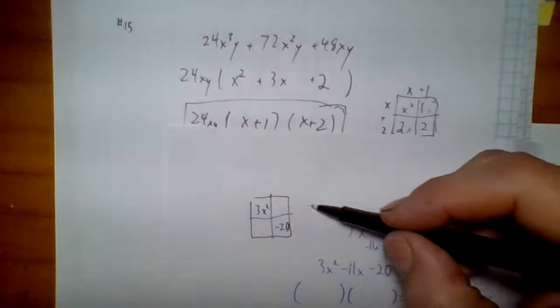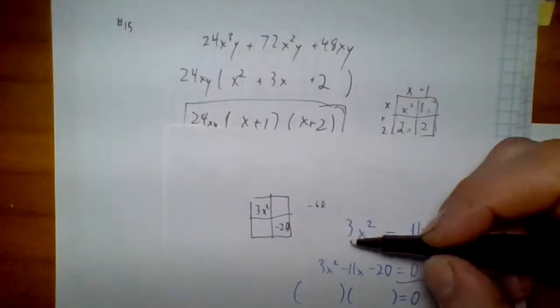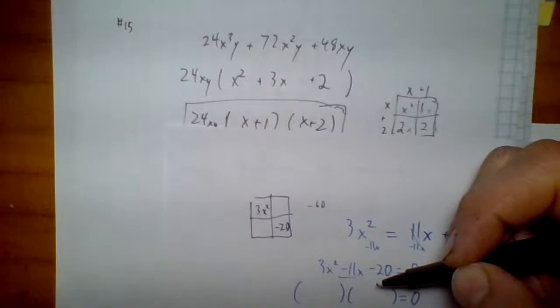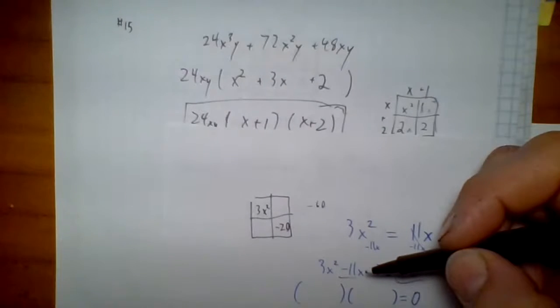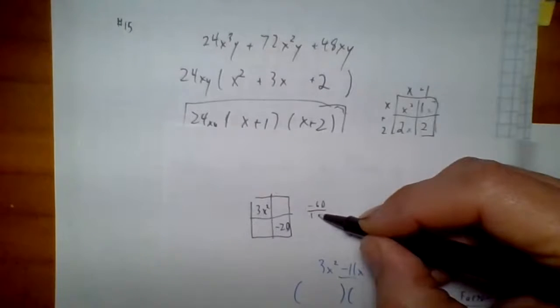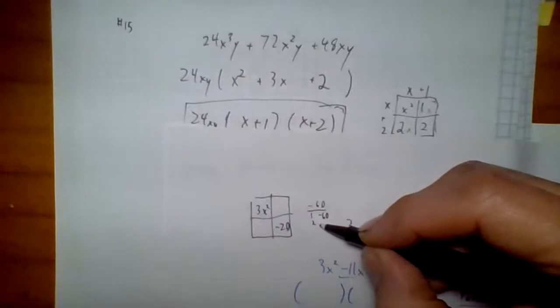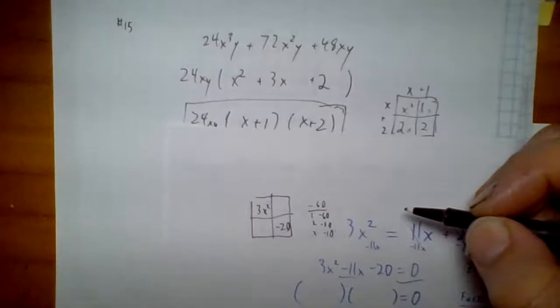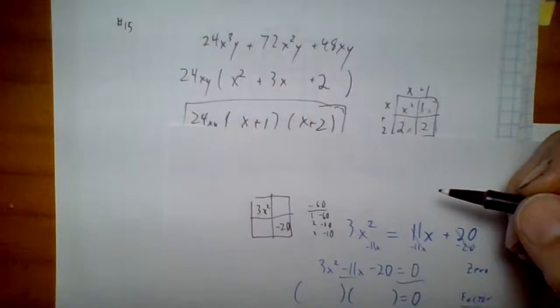What numbers are going to multiply to negative 60, but also add up to negative 11? 12 and 5 don't work, 10 and 6 don't work. Let's see, number one. It's not 1 times negative 60. It's not 2 times negative 30. It's not 3 times negative 10. They do have to have opposite signs on this.